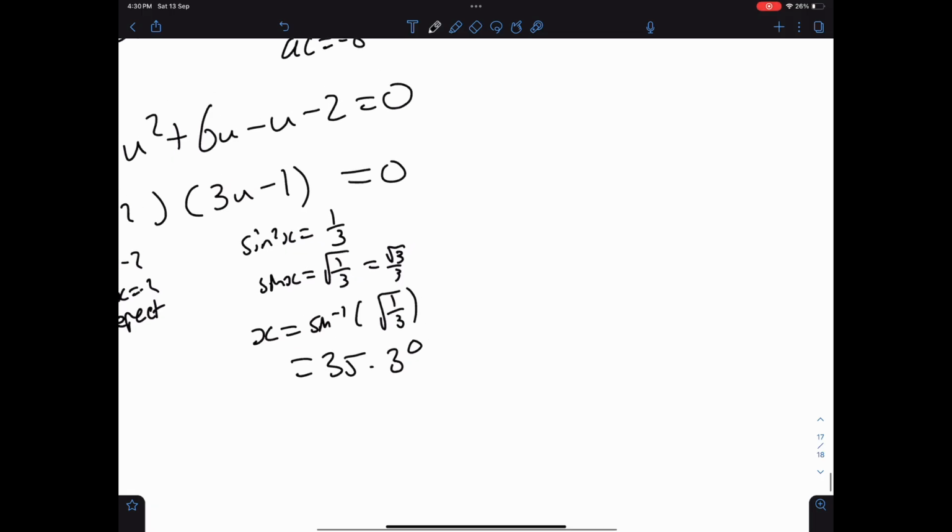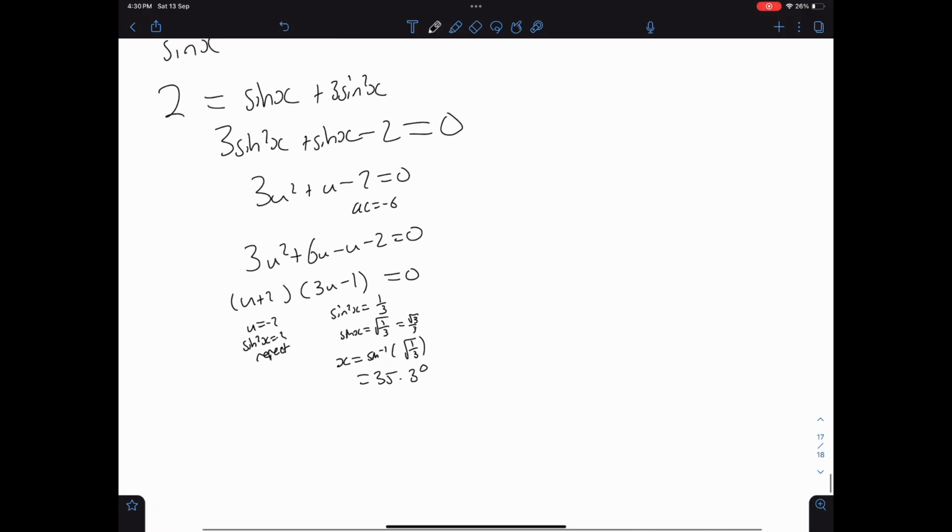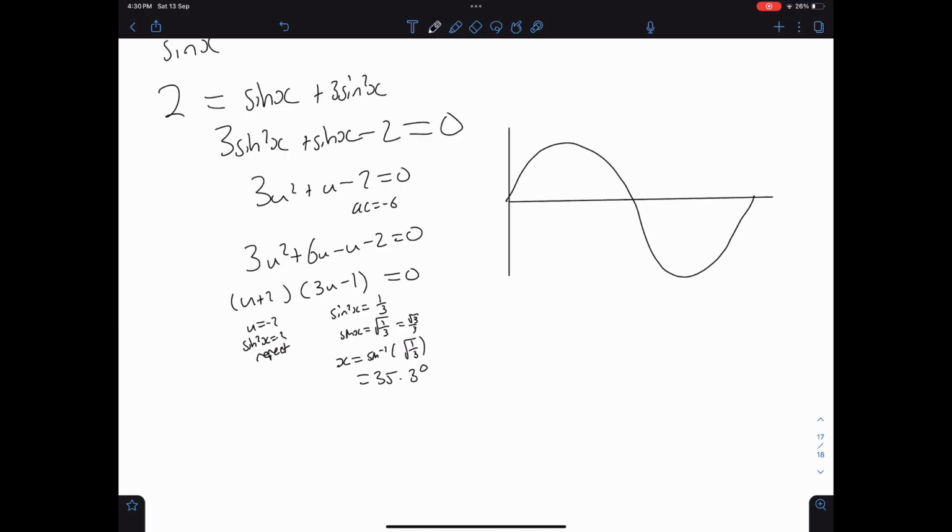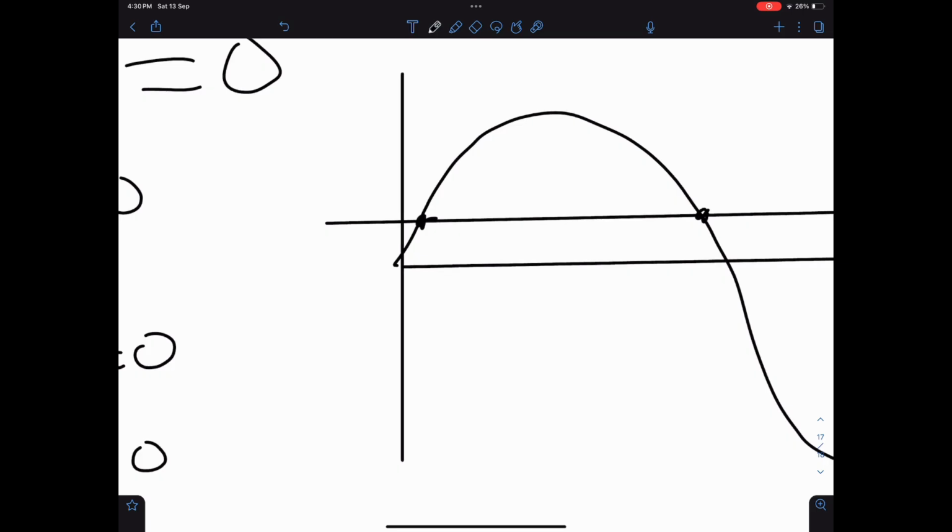But you need to remember, again, say we're doing the same usual domain of 0 to 360 degrees. We're wanting it to be a root of 1/3. So we're going somewhere like this, and we're getting 2 points of intersection again here.